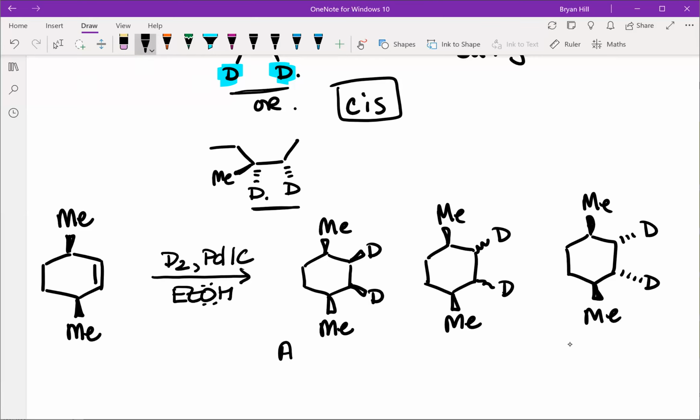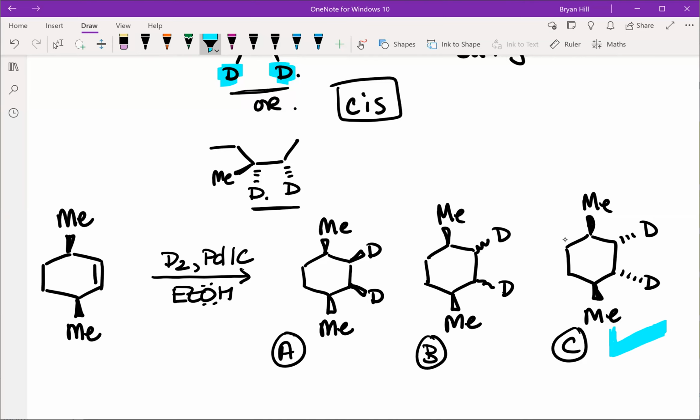So we've got A, B, and C. The best answer for this question is which one? C? Right. So that's correct. C would be the best answer for this.